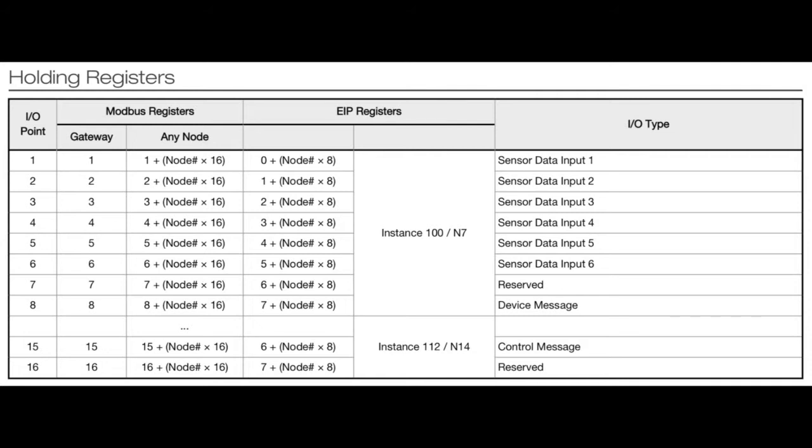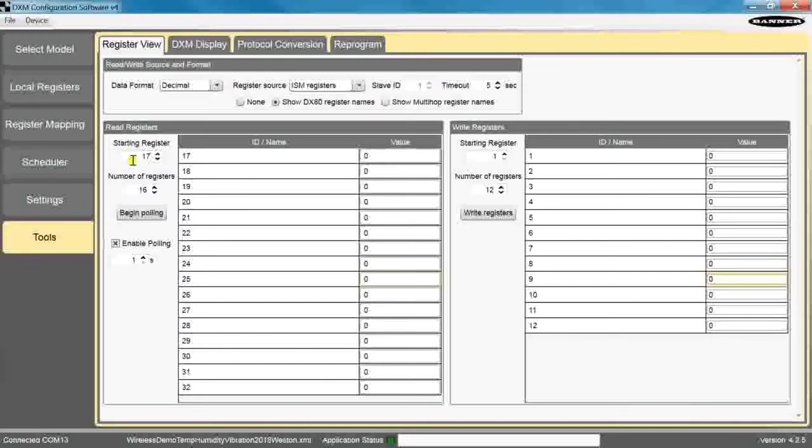So for example, IO number 1 of node number 1, I know because I've been doing this for a while, is register 17. This gives me the Modbus register already in the radio. This is stuff that's not mapped. This is what you map from the radio board to your local registers, and I've covered that in detail in another video that you can watch if you're not sure what I'm talking about.